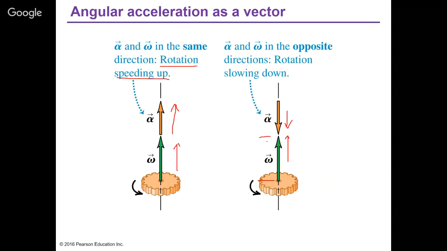And that just means the rotation is slowing down. Basically, the speed of rotation is decreasing, right? Because this vector omega is getting shorter due to the fact that you have angular acceleration that points in the opposite direction.